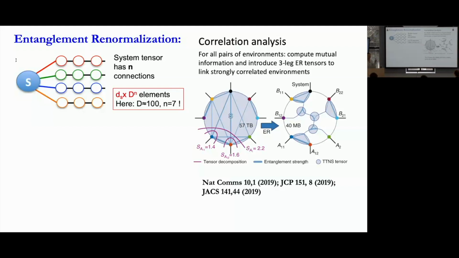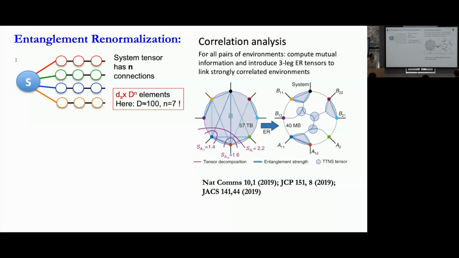The notion here is we've got a big, high-dimensional object. Let's try and break it up again into smaller, simpler, easier to use objects. And so Florian Schroeder was the PhD student, inspired by ideas of entanglement renormalization, and the idea of essentially doing data compression on this large system tensor.